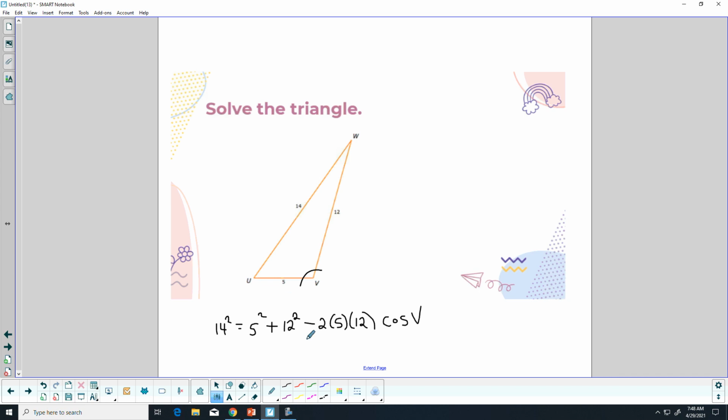I need to divide it by what's in front of the cosine, so divide that by -2, and divide that by 5, and divide that by 12. And I have -0.225. Now I need to do the inverse cosine because I'm looking for an angle. And I get 103 degrees.